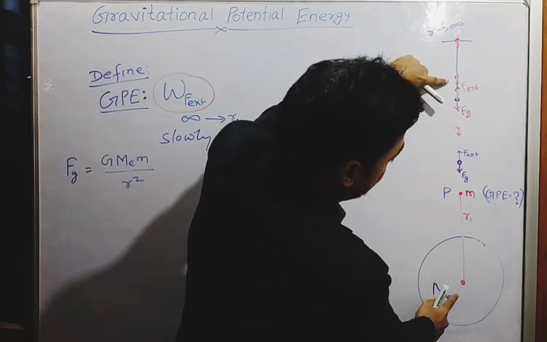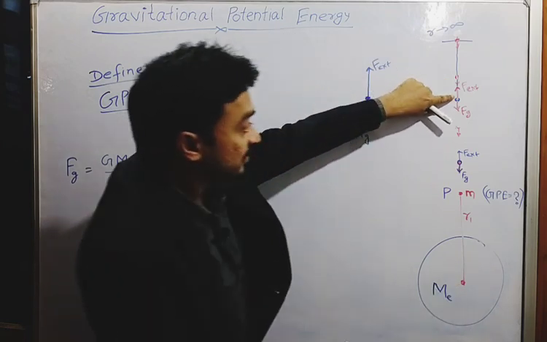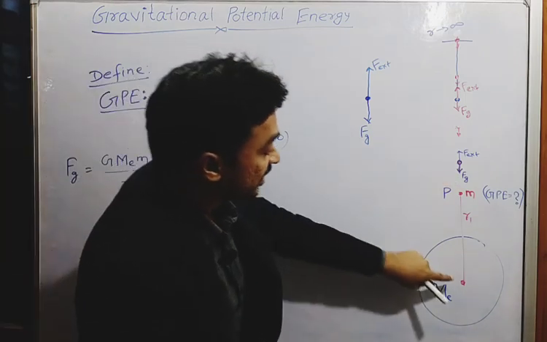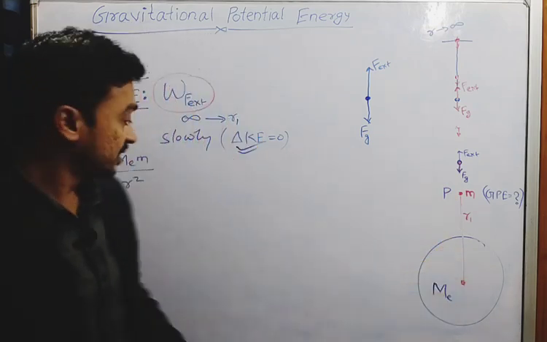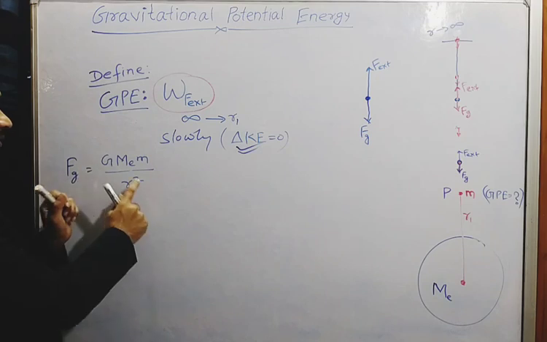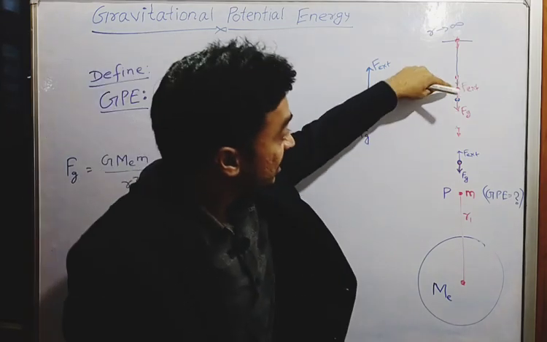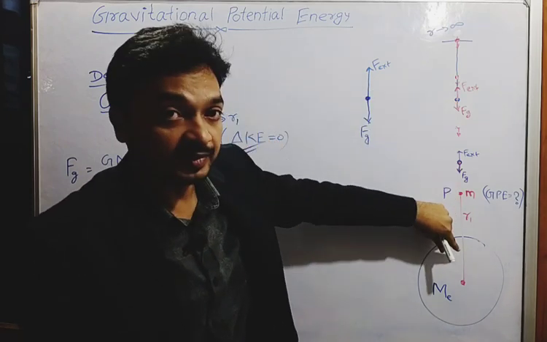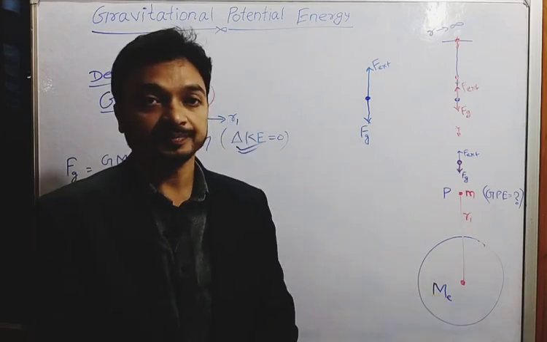At this position, r is more. At this position, the distance from the center, r, is less. If this is more, the value of this will be less, and if this is less, the value of this is more. That means the gravitational force is increasing as the object proceeds towards Earth.